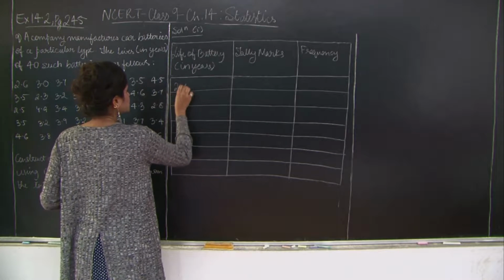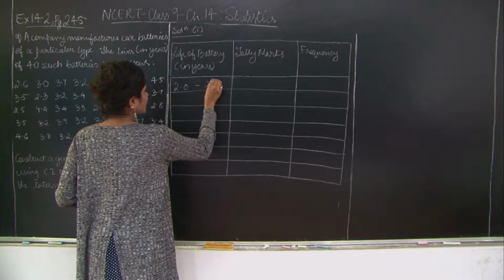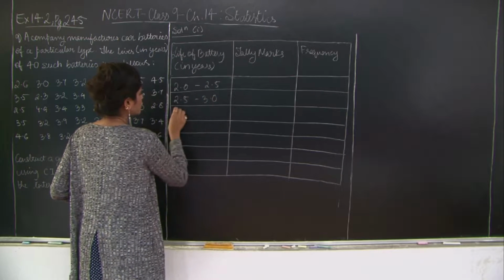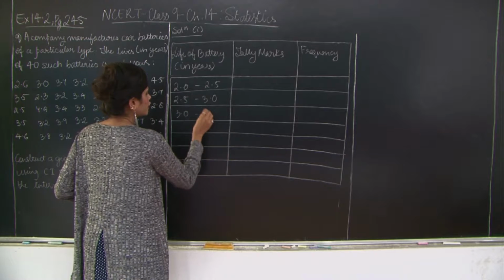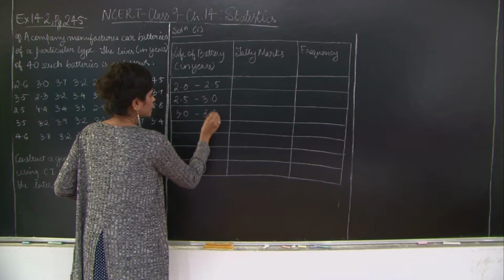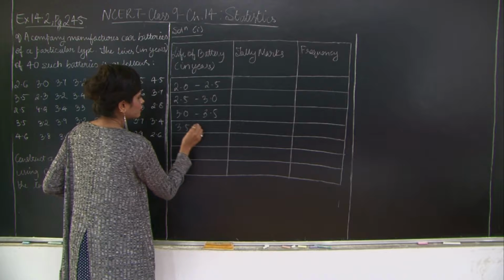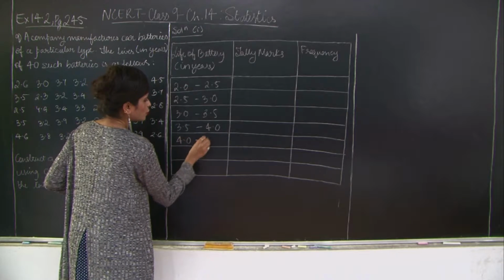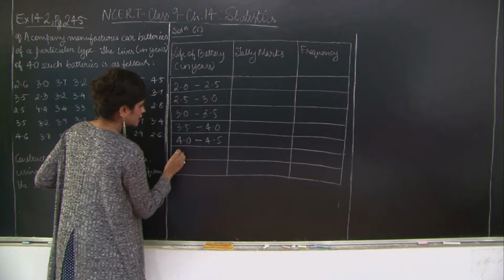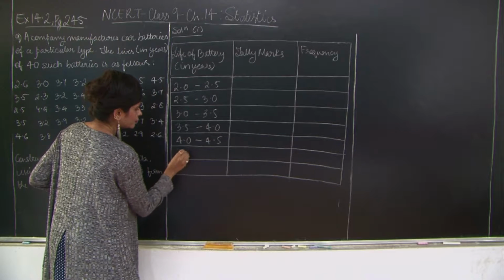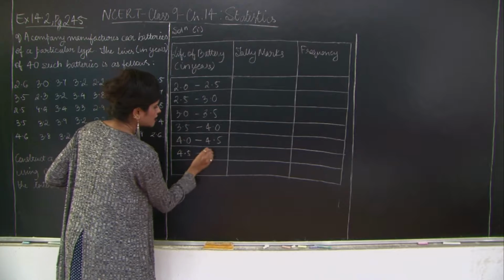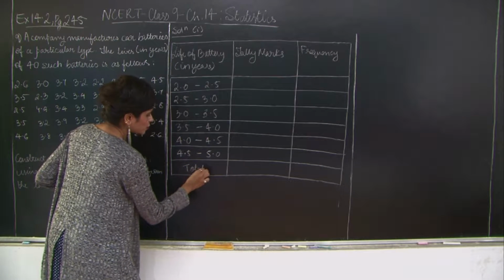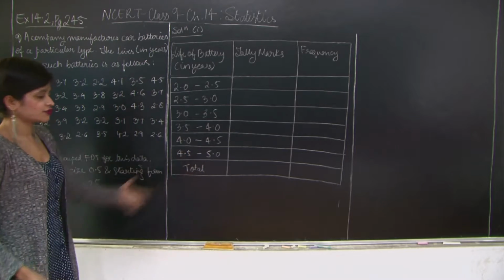This will be 2.0 to 2.5, then 2.5 to 3.0, then 3.0 to 3.5, 3.5 to 4.0, 4.0 to 4.5 and finally 4.5 to 5, because the highest observation, 4.6, will fall under this category.